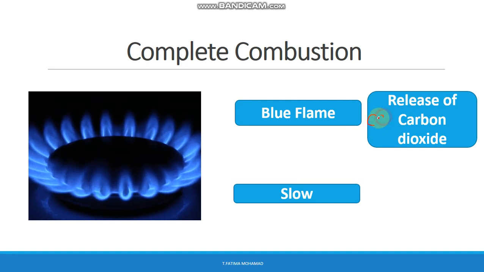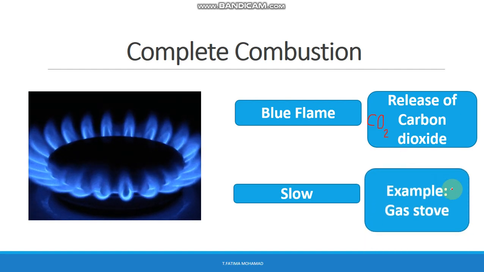It's CO2. So we have 2 oxygen atoms in carbon dioxide, meaning a sufficient amount of oxygen. An example of complete combustion is the gas stove. So complete combustion has a blue flame, a slow release of carbon dioxide, and an example is the gas stove.